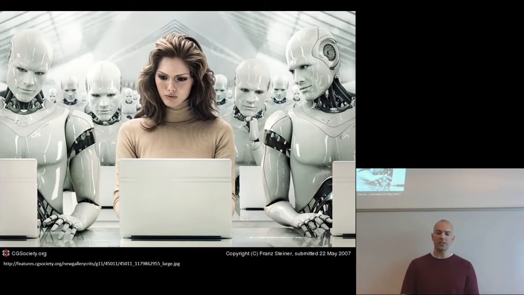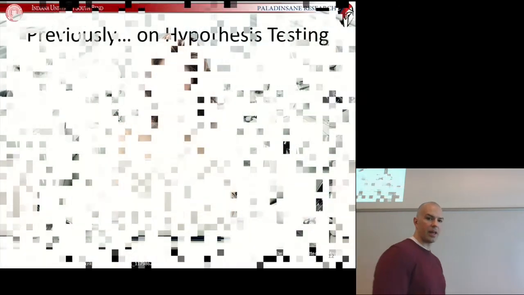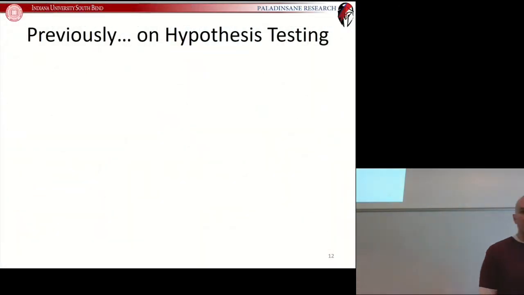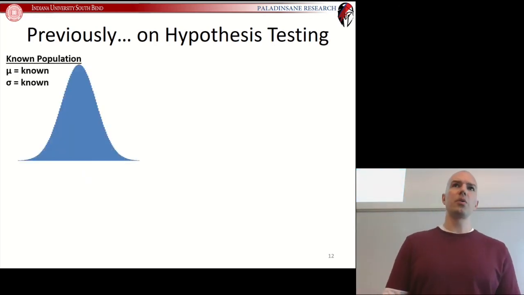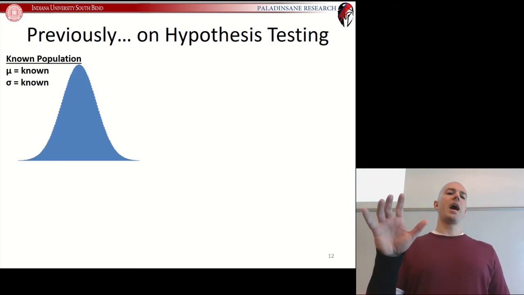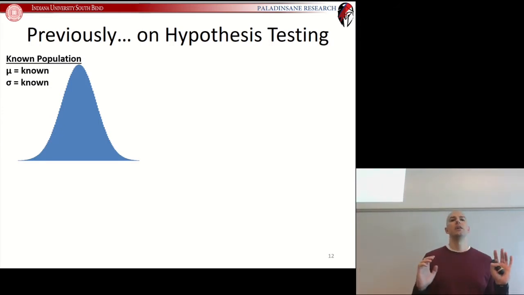This class, however, we're going to do our final analysis using Excel and hand calculations. So previously on hypothesis testing, we were dealing with a situation where we had a known population. This is a very straightforward situation for teaching hypothesis tests, but honestly, in psychology, this is a very rare situation.